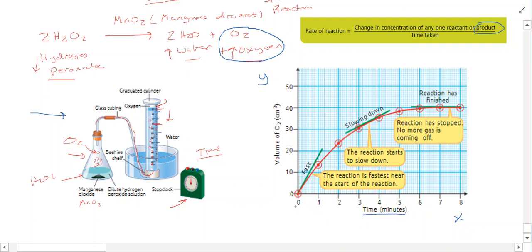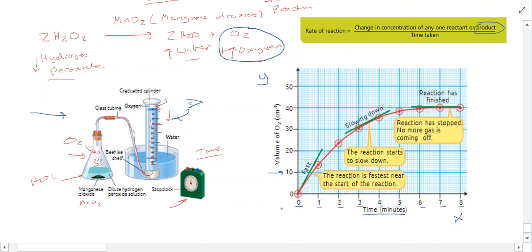You start your timer, and at 1 minute, 2 minutes, 3 minutes, 4 minutes, 5 minutes, 6 minutes, 7 minutes, and 8 minutes, you would be checking the level of the water, or the level of the oxygen gas being produced. How much is it pushing down? You can read off the level of the water in relation to the graduated cylinder.